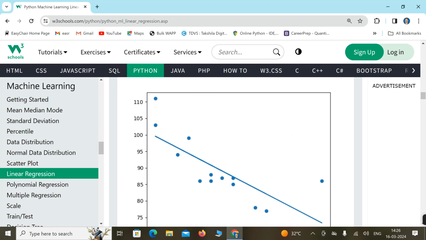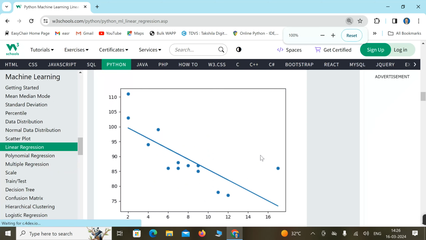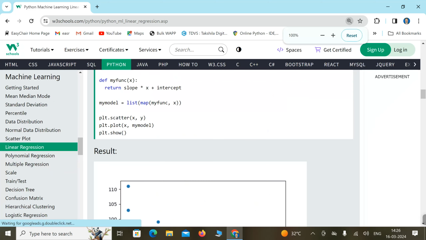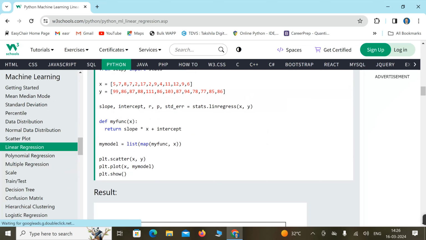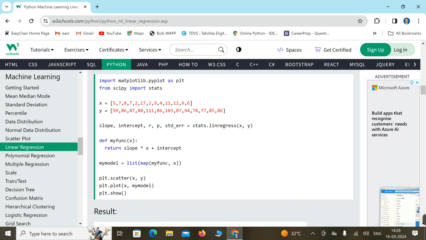So this particular figure is drawn with the help of plt.scatter, plt.plot of x comma mymodel. Right? What is my model? My model is a list which contains the map of the slope and linear regression functionalities.